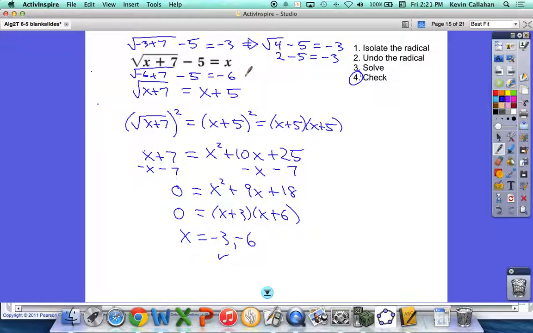Okay, that'll be the square root of 1 minus 5 equals -6. 1 minus 5 is -4. Is that true? No. That is not equal. That tells you that x equals -6 is extraneous.